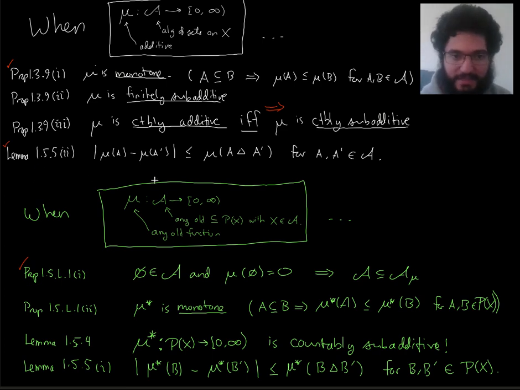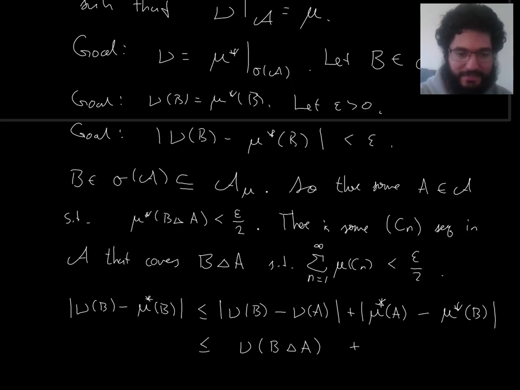And the other inequality you can justify by using this or that. Let me go ahead and say it's by this again. We will use this one later on. So mu star also is an additive function. So we get this.